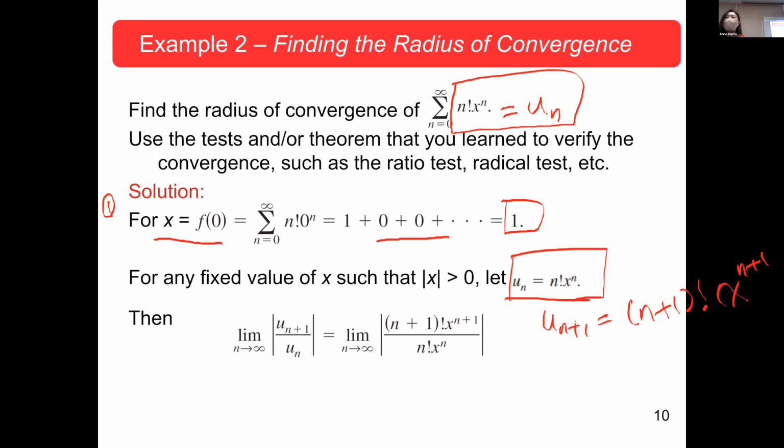So we're gonna do the ratio test. You're gonna do U sub n plus 1 divided by U sub n. Does everybody see it? This is your U sub n plus 1. I'm gonna write down right here, and n factorial. Now, this is a time I want you to do linear algebra with me, because you need to cancel this one out.